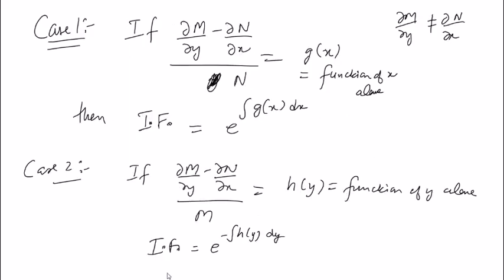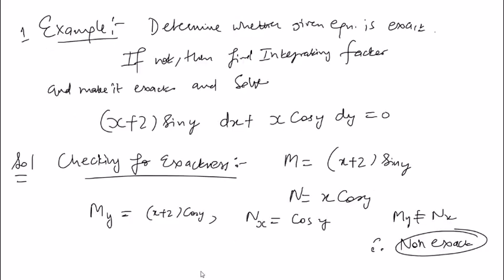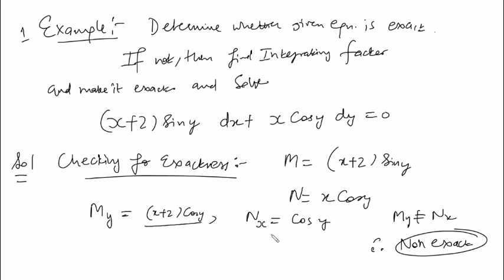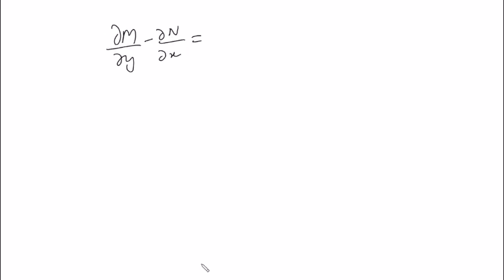What you have to do is take the difference of M_y and N_x, and then either dividing with N will make it a function of x alone or dividing with M will make it a function of y alone. ऐसा होना चाहिए. So let's see what happens. First take the difference of these two: del M by del y minus del N by del x. Subtracting these two, 2 cos y minus cos y.